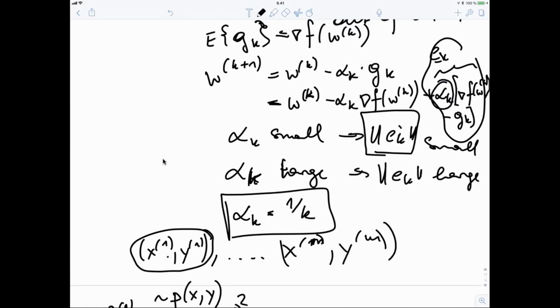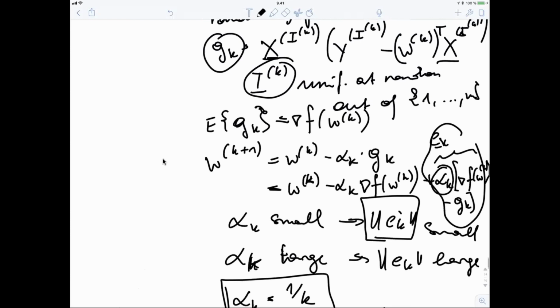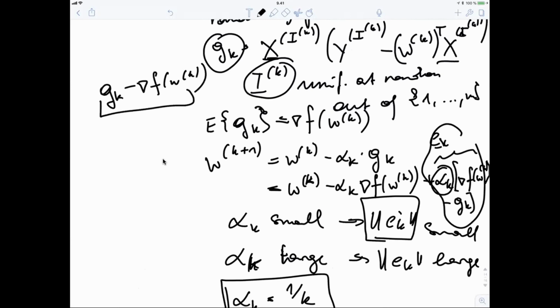So this gradient noise, the difference between the estimate of the gradient and the true gradient at the kth iteration. We can reduce this noise by not using a single data point for this gradient estimate, but using a mini batch.